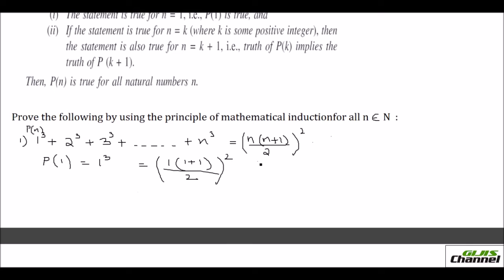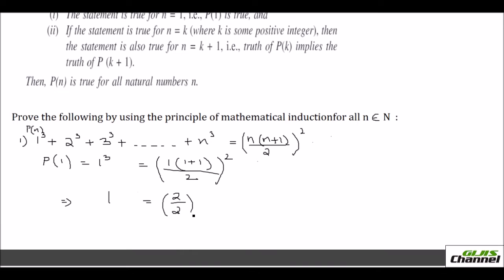So on the left-hand side you have 1, and on the right, 1 plus 1 is 2, 2 over 2 squared is equal to 1. So it is true. Therefore, P of 1 is true.